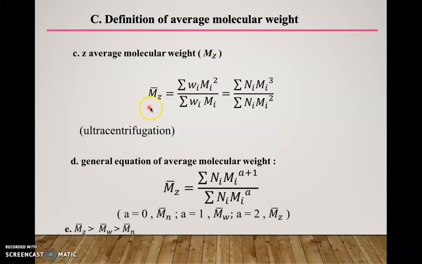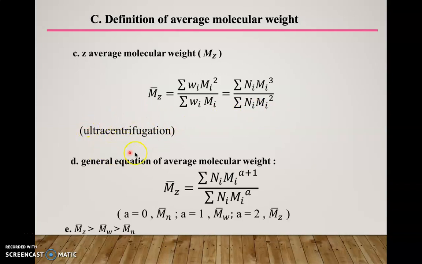That is equal to summation Wi Mi square upon summation Wi Mi. Again you can write Wi as Ni Mi, so you can have another formula, summation Ni Mi cube upon summation Ni Mi square. All these terms have similar meaning as we dealt with in the number average and the weight average.